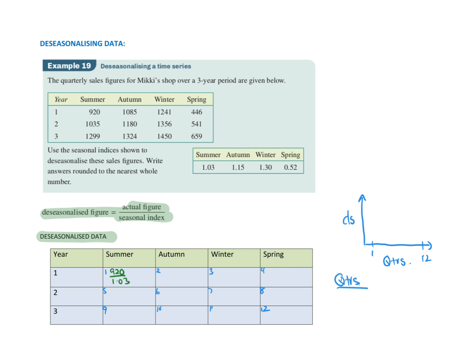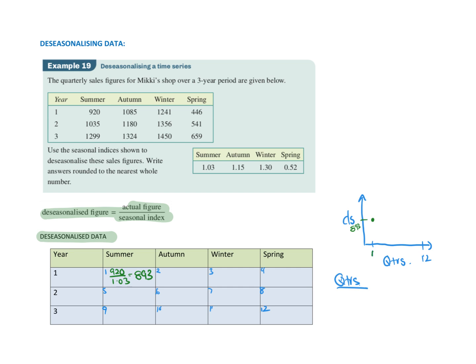So if I do 920 divided by 1.03, I get 893. So that's the deseasonalized value. So if I was plotting this, on 1, I'd go up to here, and that would be 893 when you're plotting it, yeah? And then obviously you will go through all of them.